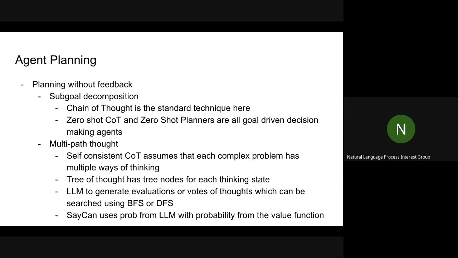Because I think SayCan, if I remember right, is giving it a verbal instruction and it needs to come up with the policy to execute the action. Anyway, I don't remember all of the details, but it combines both of those scores. All right, so that is what without feedback looks like. I think it's generally the more standard system used right now.